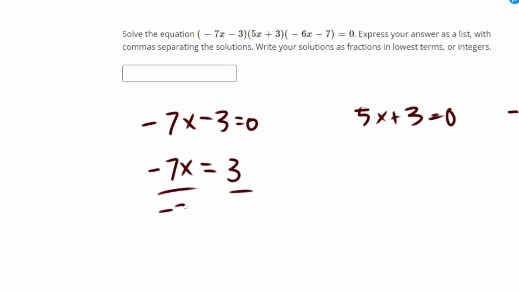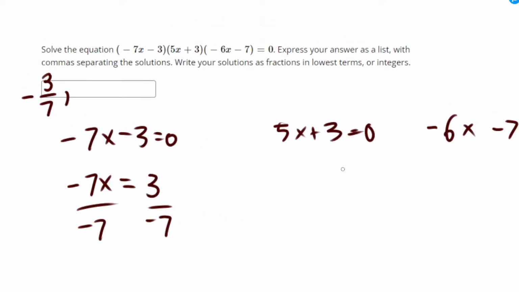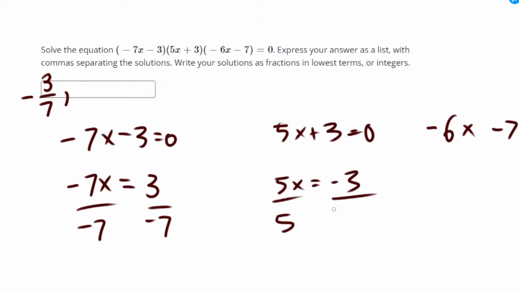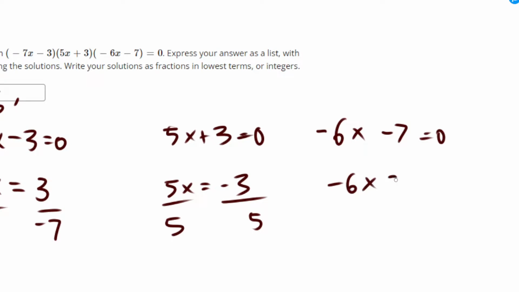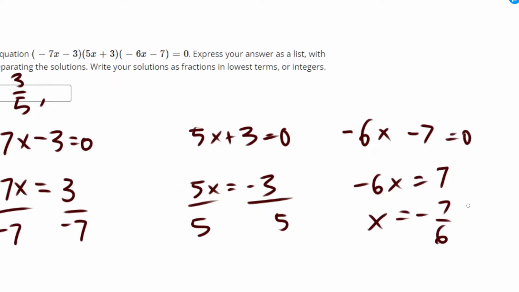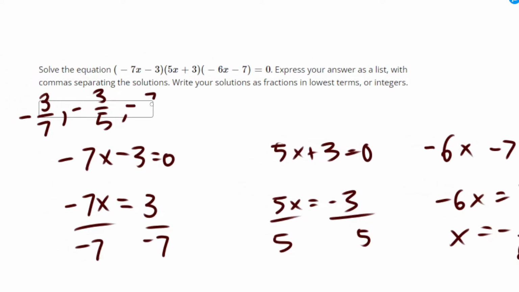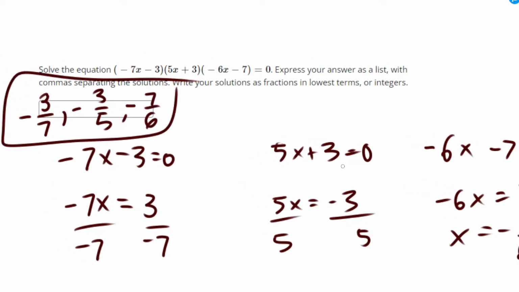Divide both sides by -7, and we get -3 over 7, and then we get 5x equals -3. Divide both sides by 5. We get -3 over 5, and we get -6x equals +7. X equals -7 over 6. So -7 over 6, and this would be your answer.